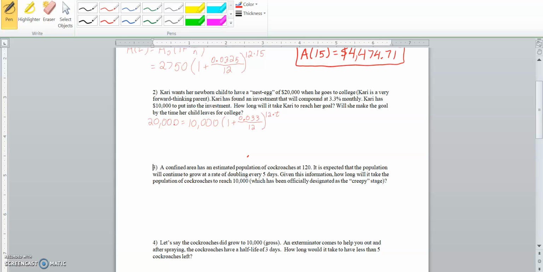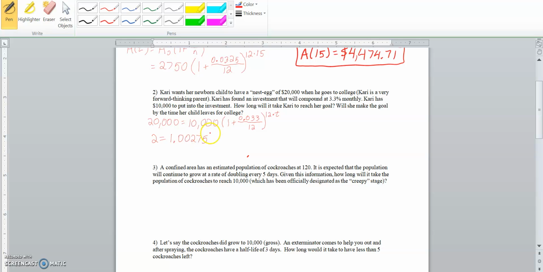So a little bit of simplification we can do. We can divide both sides by 10,000. So we get 2 is equal to 1 plus this fraction, which equals 1.00275.